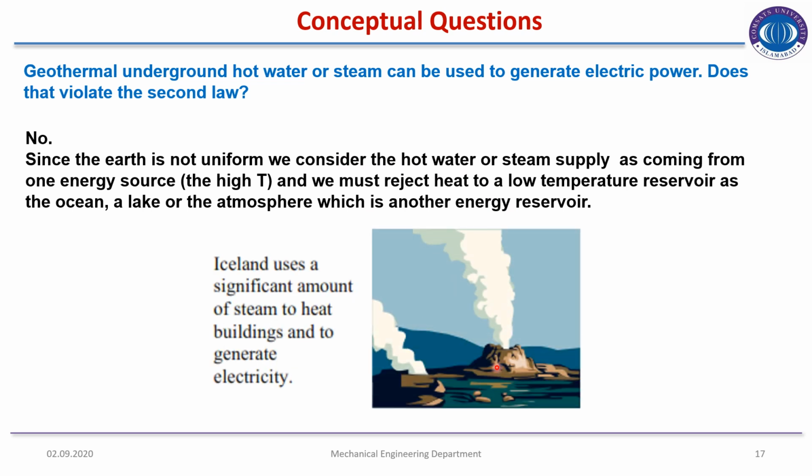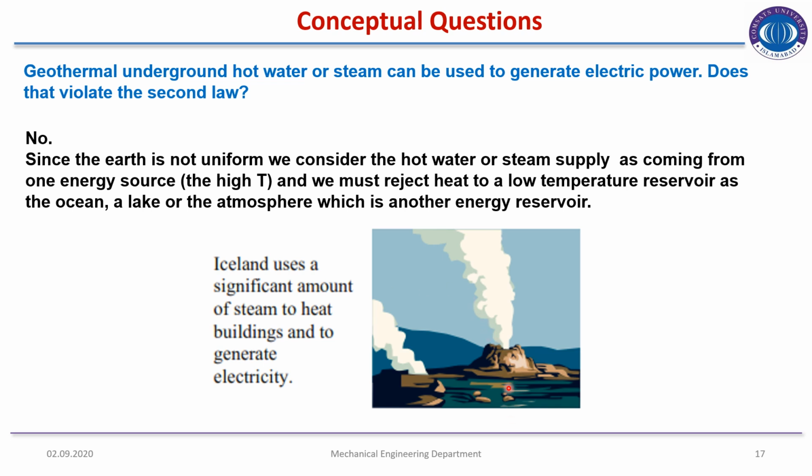As you can see in the diagram, there are certain regions on the earth which eject heat in the form of hot steam. Iceland uses a significant amount of steam to heat buildings and to generate electricity. That is a geographical contribution of the earth, that in certain regions it ejects heat in the form of steam.